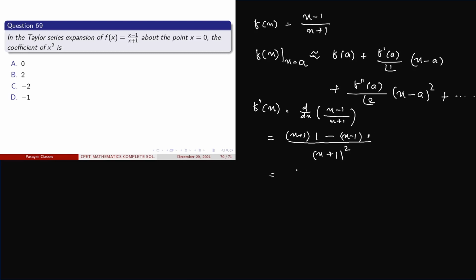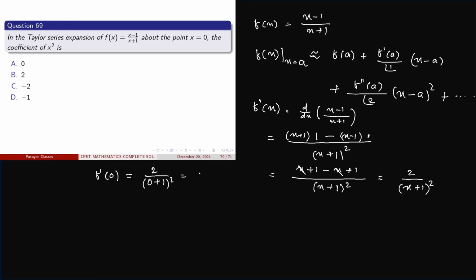So finally, x plus 1 minus x plus 1 divided by x plus 1 whole square, and this x cancels out, and the result is 2 by x plus 1 whole square. Now we have to find the value of f dash of 0, because our point is 0. So f dash of 0 is equal to 2 by 0 plus 1 whole square, which is equal to 2.